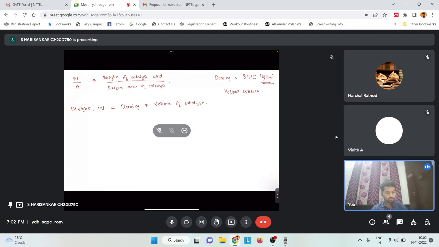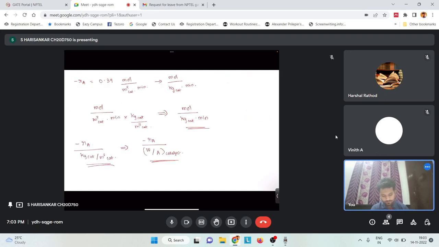So this weight will be 8910 into volume of the catalyst. So this is a hollow cylinder. The outer diameter is given as 25 and the inner diameter is given as 20. The height is also given as 25.